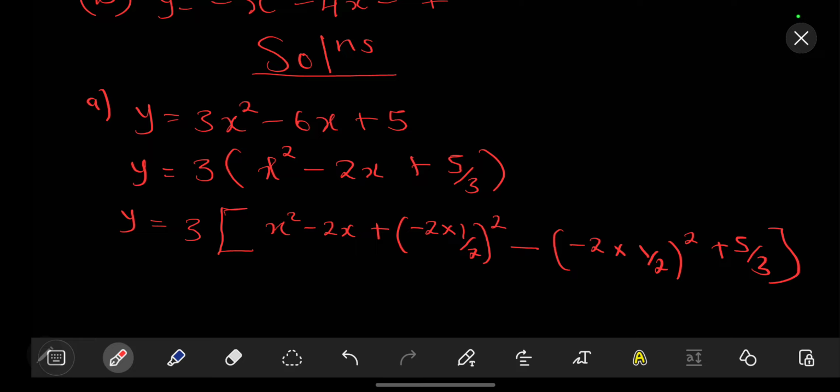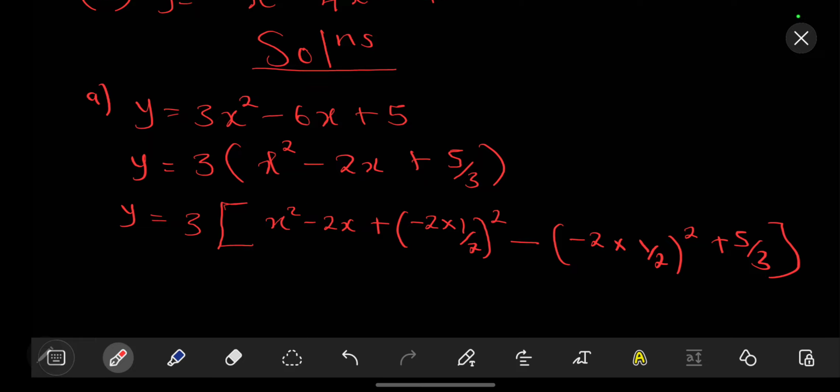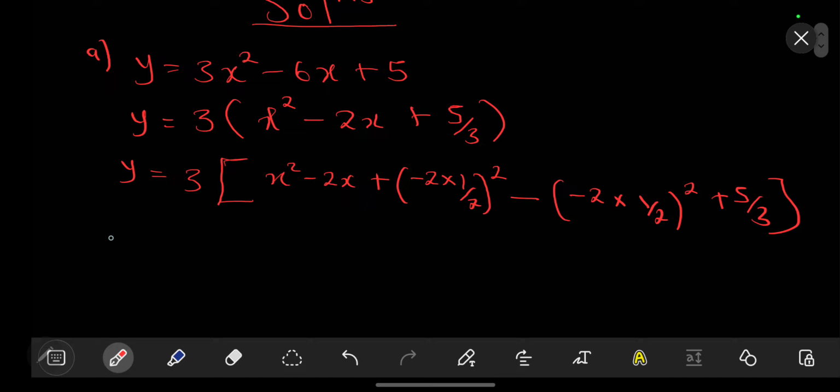Now when we reach this stage, we say y equals 3. Like completing the square method, we are going to simplify things. So we have x squared minus 2x, then plus this divided by that, we are going to have a negative 1.